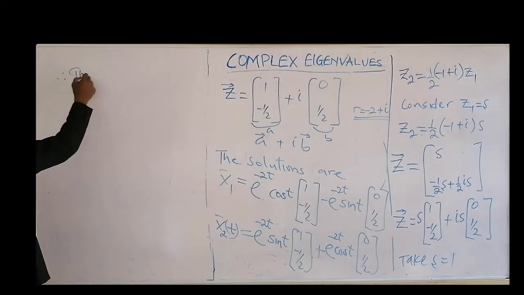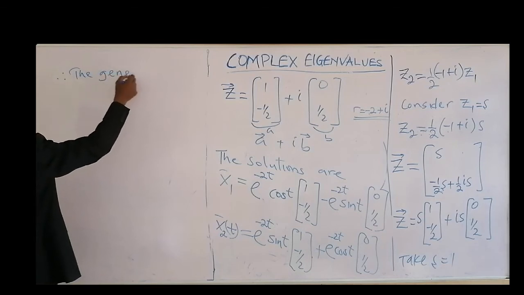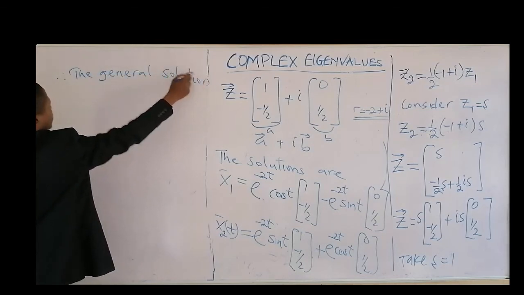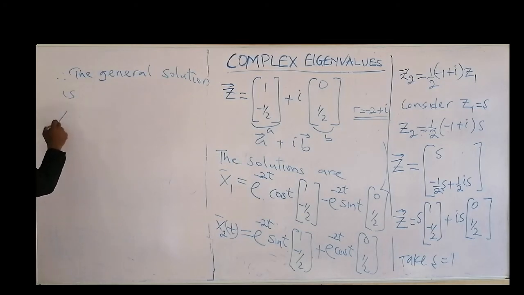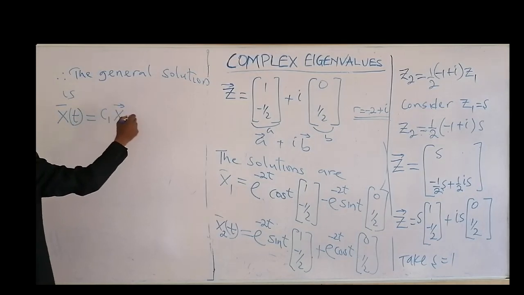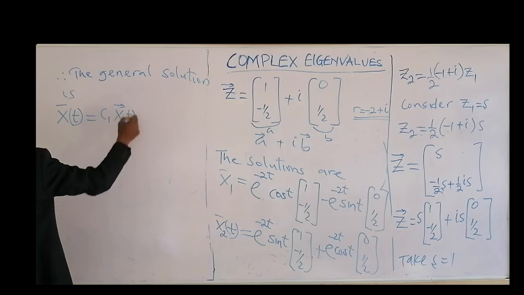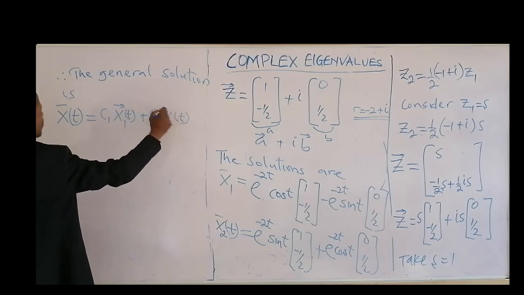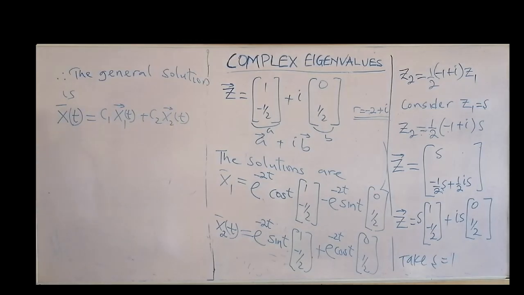The general solution is this: the function of t equal to c1 x1 as a function of t, then plus c2 x2 as a function of t. So these are the general solution. Just plug in there, and that is the end of this question.